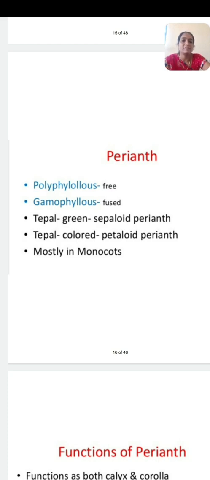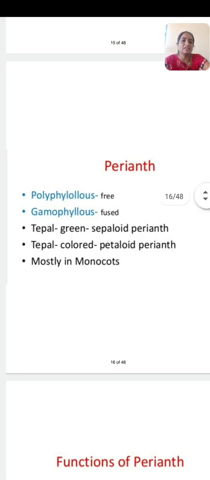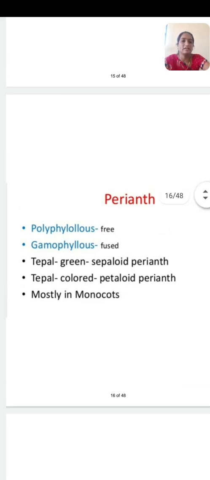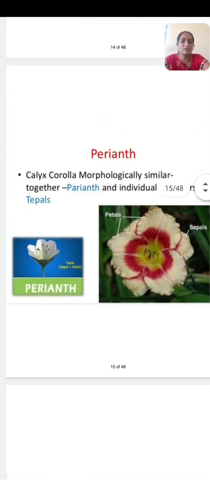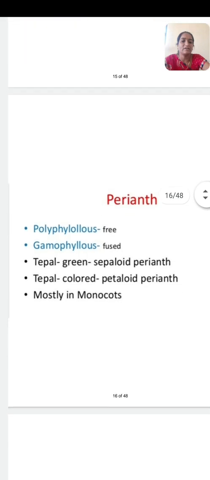When the tepals are in free condition, it is known as polyphyllous, and when it is in fused condition, it is known as gamophyllous. Then the next term: when tepals are green in color, it is known as sepaloid perianth, means it looks like sepals. And when the tepals are colored, then it is known as petaloid perianth. In the previous diagram, it is colorful and hence it is known as petaloid perianth.